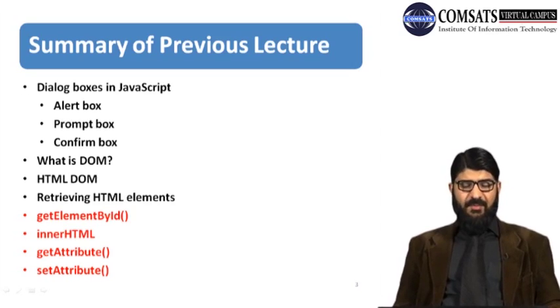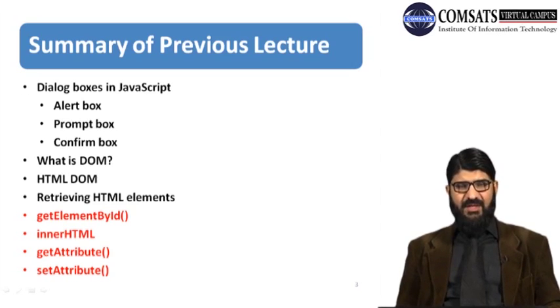The second method of dialog boxes is the prompt box. Prompt box is used to take values from the user. This is the most famous method for taking the user input.